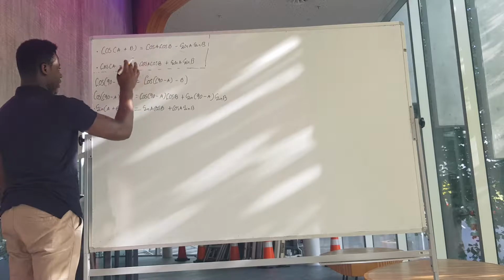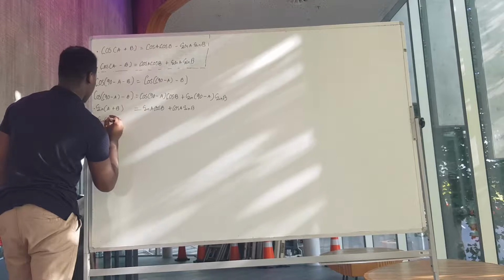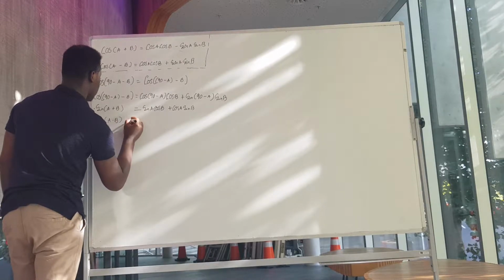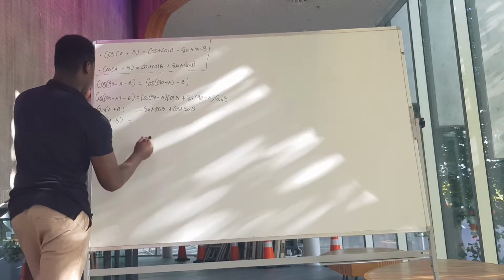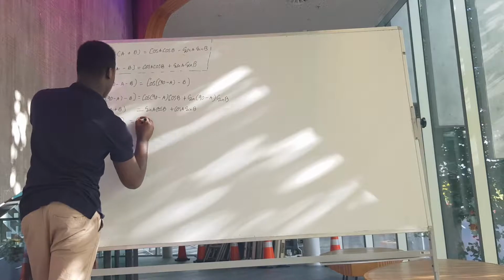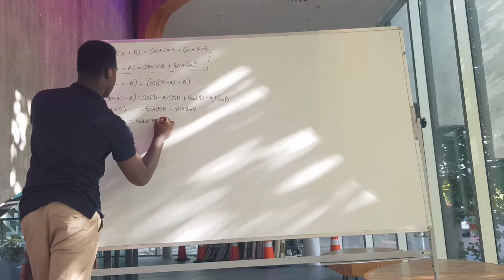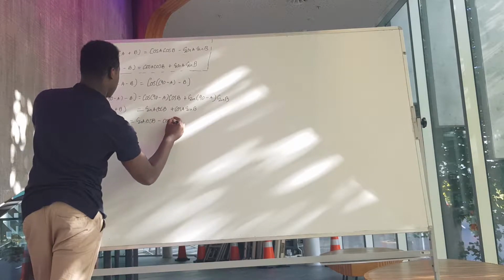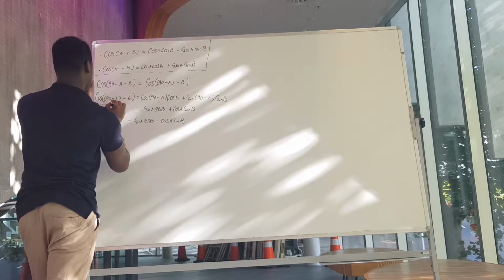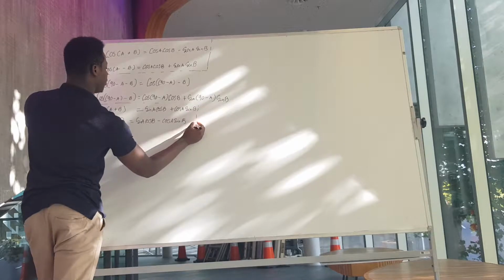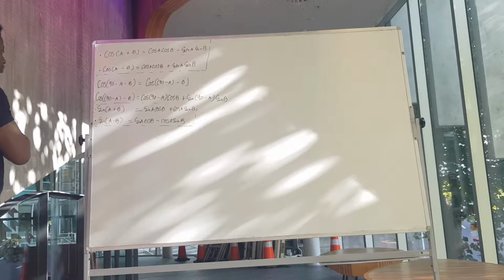Anyways, we can also use the fact that, the way we wrote this one out, sine of a minus b is equal to sine a cos b minus cosine a sine b. So we have these two functions. Now we want to do tan.